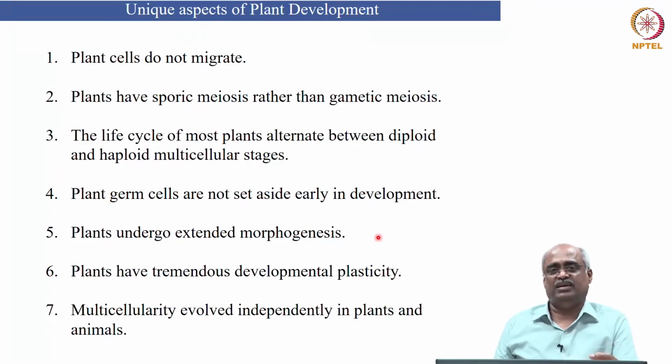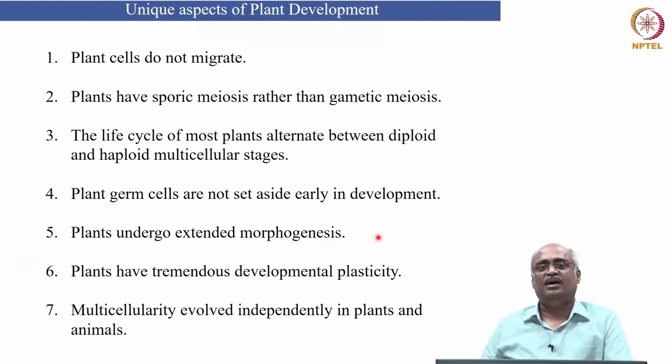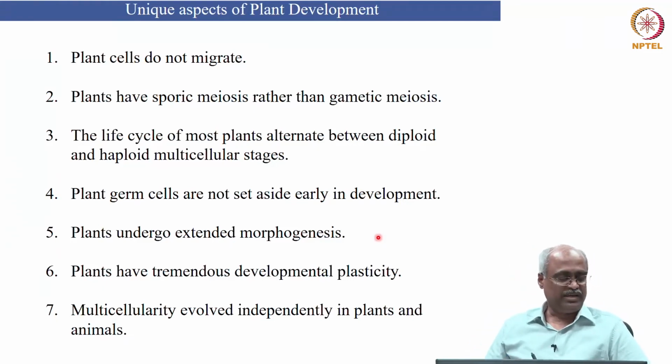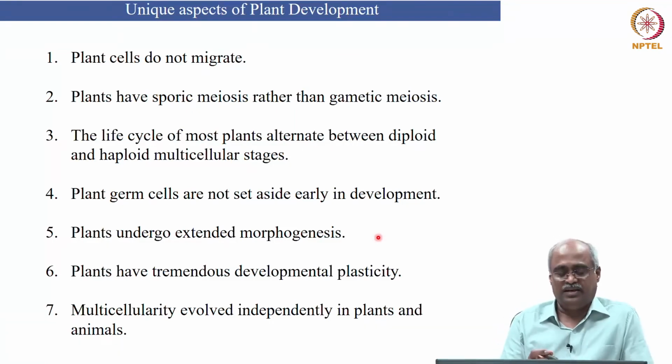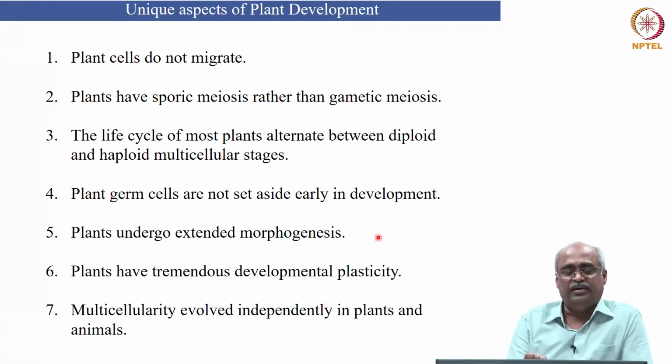They are not right away gametes. They could mitotically proliferate in haploid state and then later form egg and sperm. Okay, so that is unique about them, and that is one of the main differences between plants and animals.